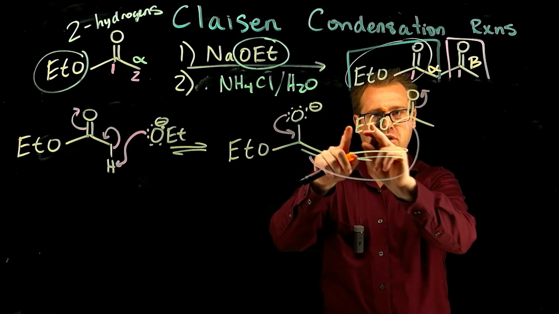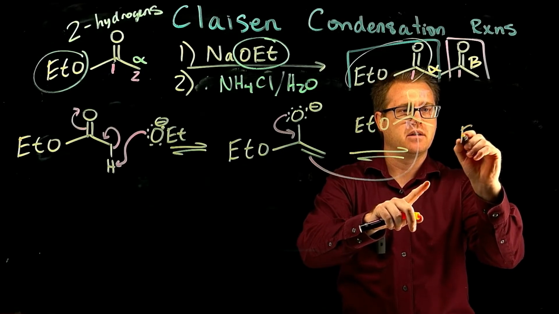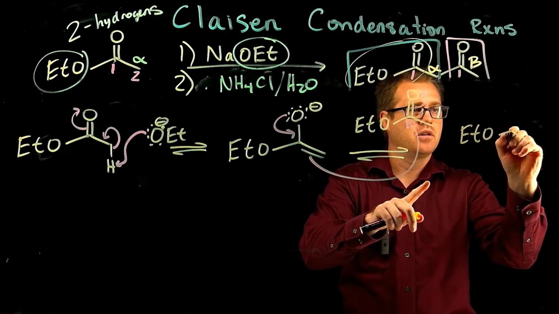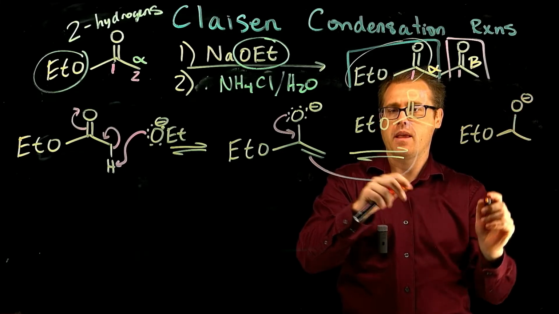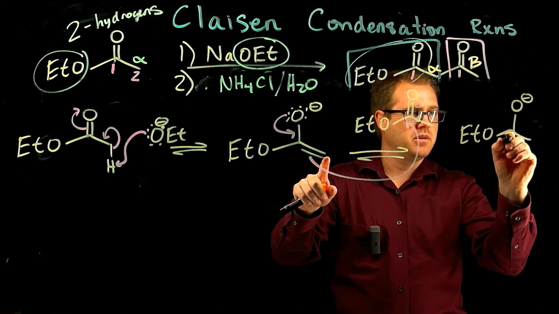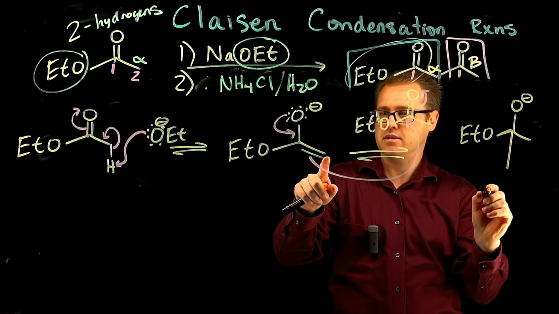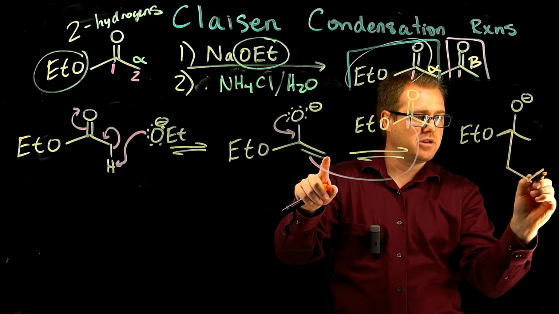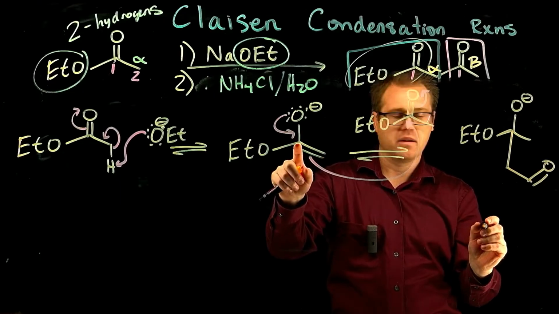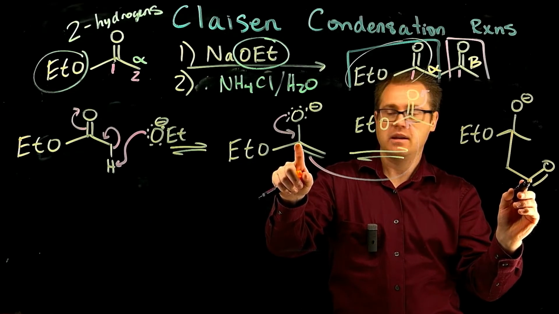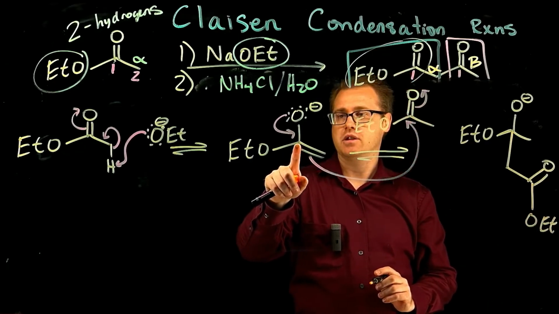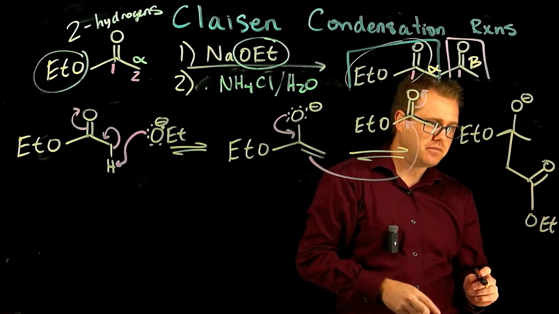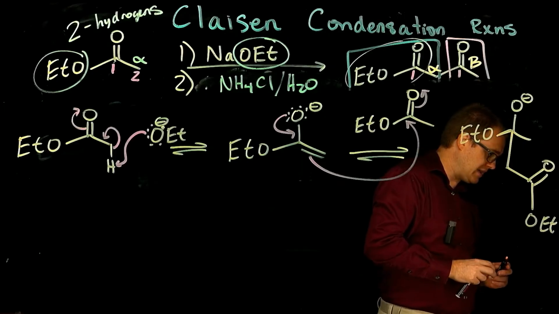So I'm going to take this molecule and just redraw it. O minus. And there's the alpha carbon. And there it is. Then it's attached to another guy, that carbon, and that is attached to the O ethyl. Just like that. Okay, now we're under basic conditions.